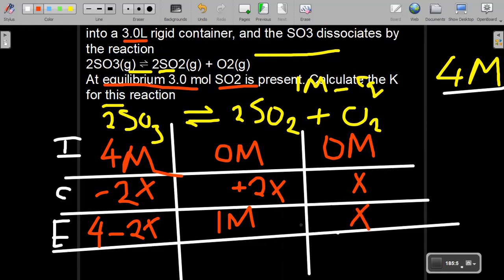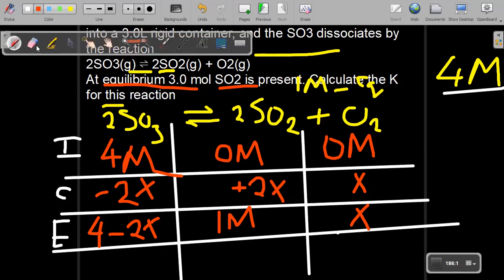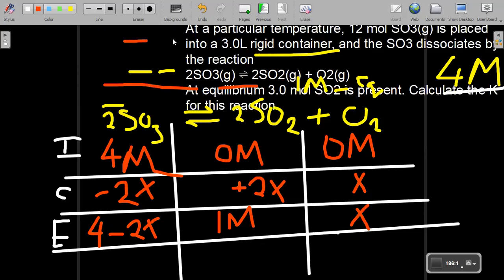Except for the sulfur dioxide, we are not indicating anything because it was already given to be 1 molar concentration. Okay. Any questions? Any concerns? No. All right. If there are no questions, let's create some space on top there.